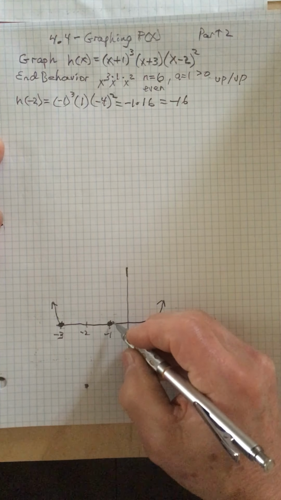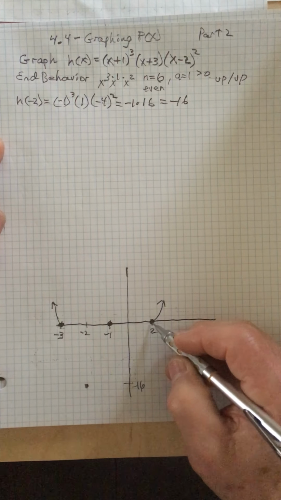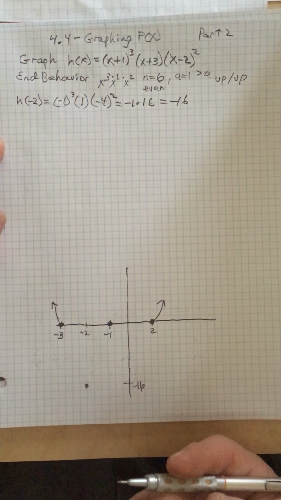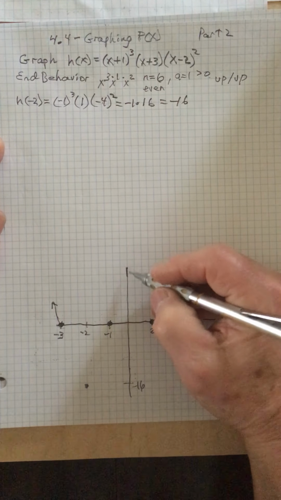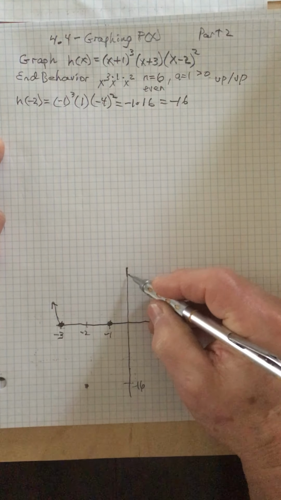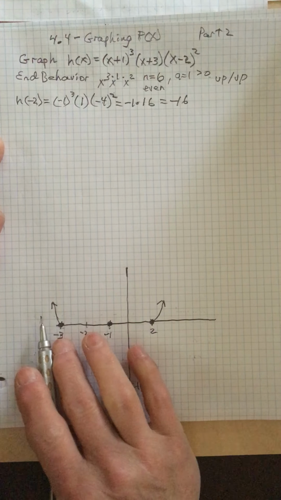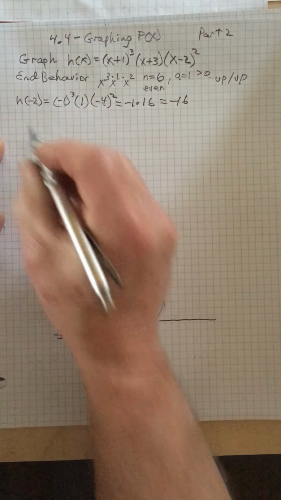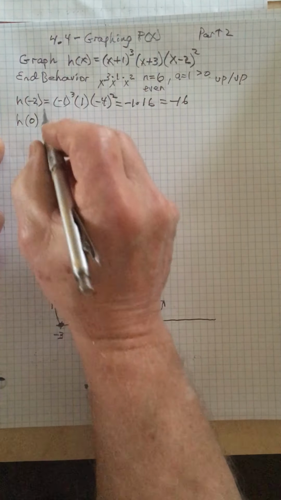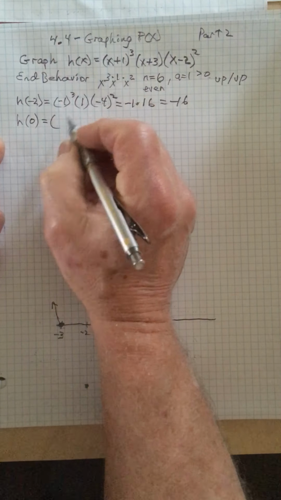Now we're going to come back up, and then we're going to come up here, and we have to turn around and come back down to the 2. Again, how far up do we go? When we're on the y-axis, that's a y-intercept. At the y-intercept, x is 0. So all I need to do is this. When x is 0, this is 1.